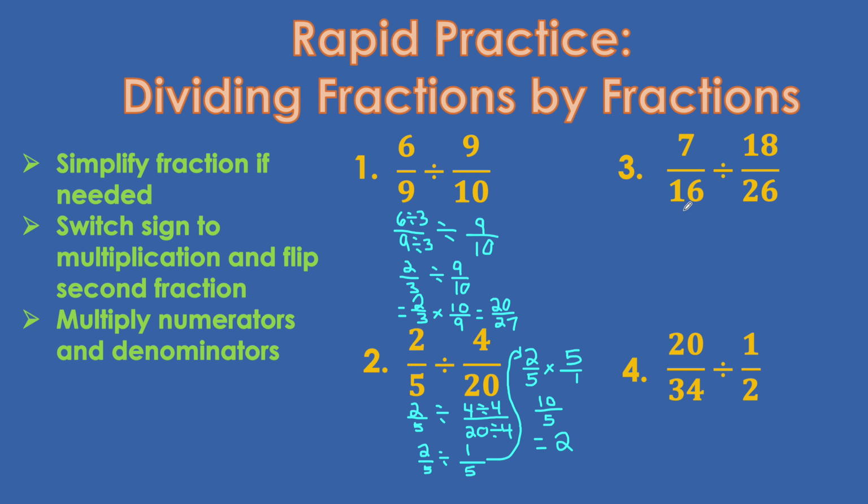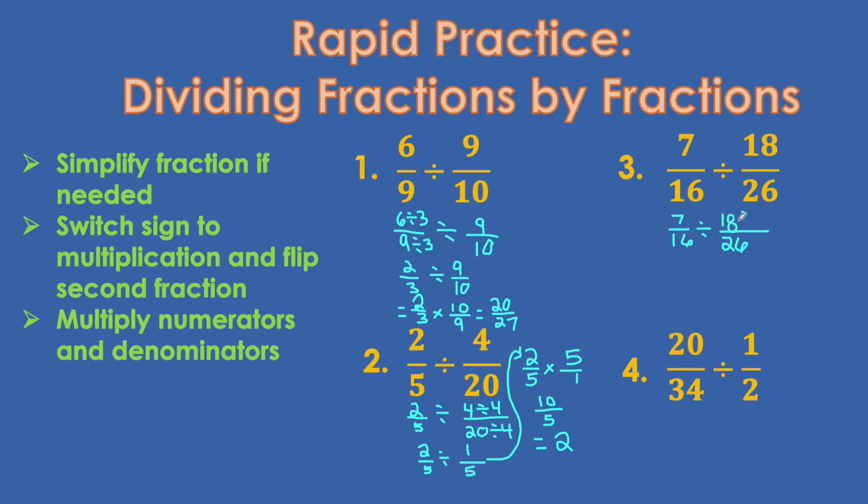We have 7/16 divided by 18/26. First step, see if any of these fractions can be simplified. Looks like the second one can. Rewrite the problem. 7/16 divided by 18/26.